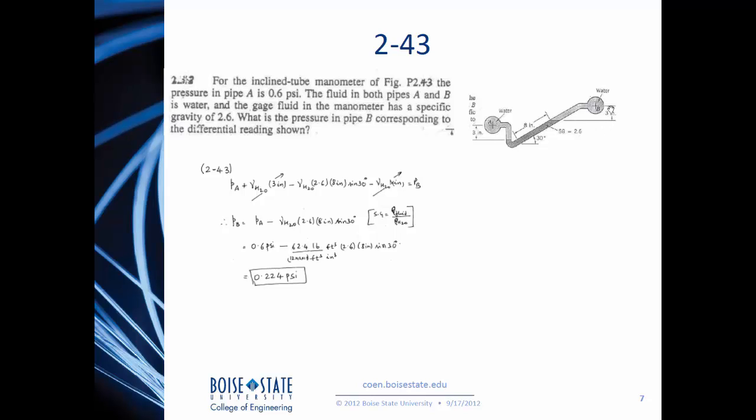As you go up, you subtract the pressure, so minus gamma of water times 3 inches. Since we have a plus gamma times 3 inches and a minus gamma times 3 inches for water, those two cancel, and that is what the final pressure will be felt at PB. So solving for PB here, you get 0.224 psi.